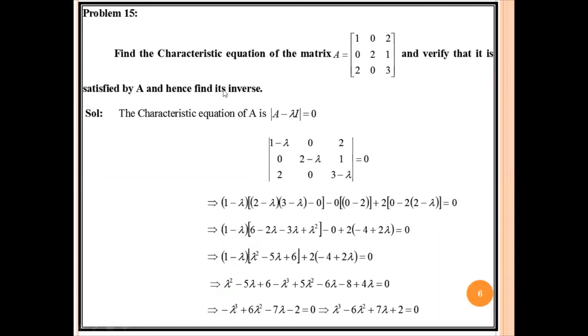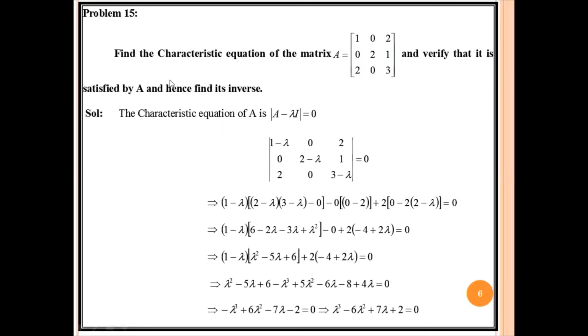First of all, we have to find the characteristic equation. Then verify that it is satisfied by A, that is, every square matrix satisfies its characteristic equation, by the Cayley-Hamilton theorem.